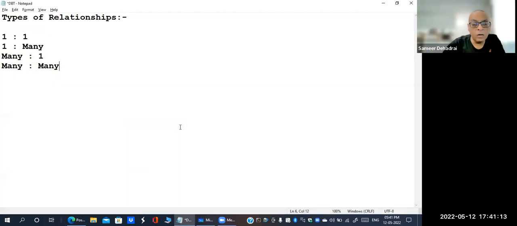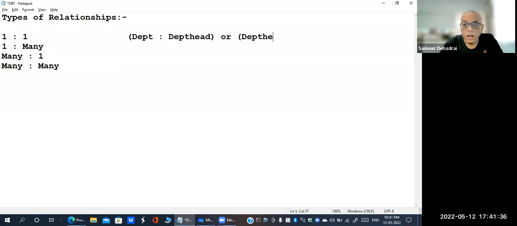So how does one denote this? We will say department is to department head. Is an example of 1:1. Department table is to department head table. Or you can write it the other way around. Department head is to department.